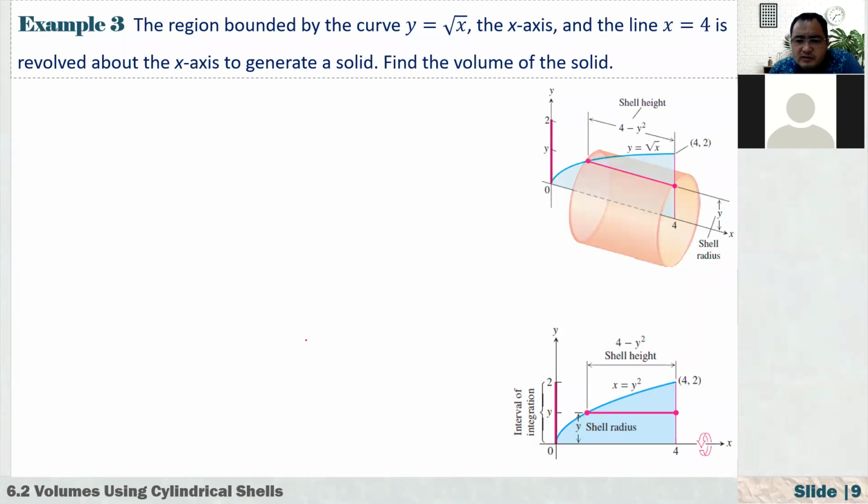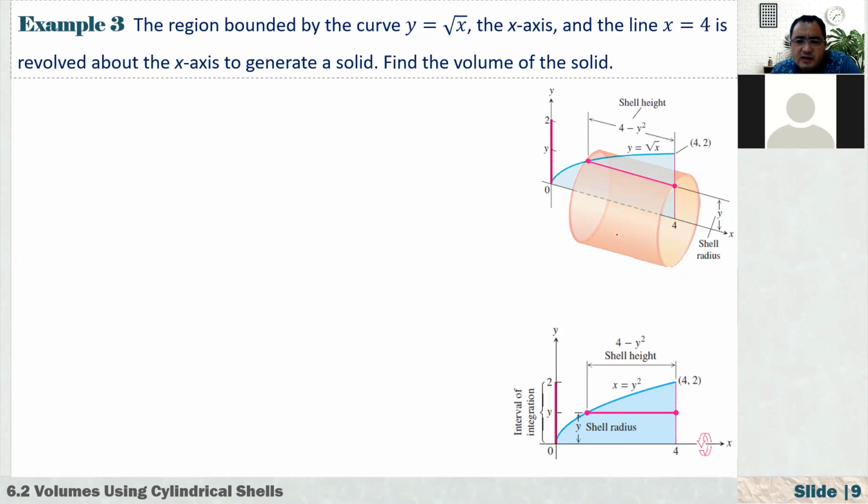Okay, by using this shell method, suppose that you just revolve this region, as you see here, between y equals square root of x, that is our blue graph, and x equals 4, that is the red vertical line. So we are just revolving this about the x-axis.